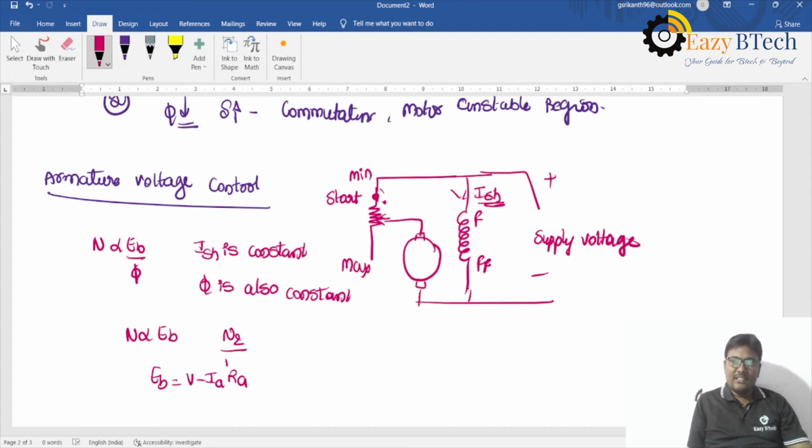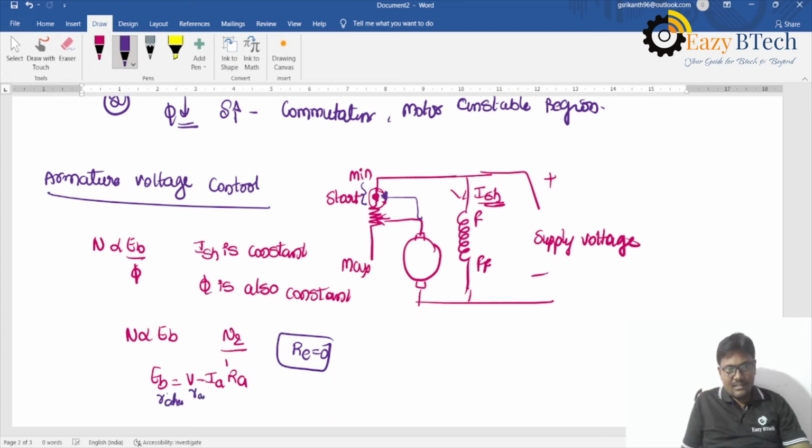See, when it is at the start position, this is a line, no external resistance is included, RE is equal to 0. The EB value is also rated, V is also rated. Then Ia is taken as per load requirement.